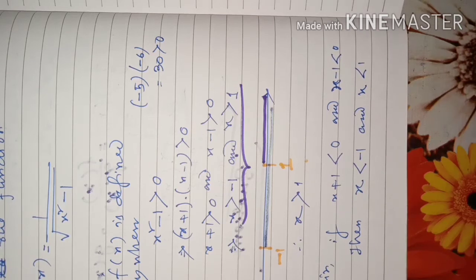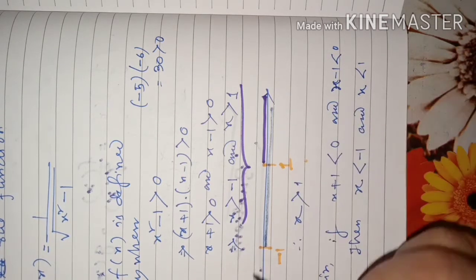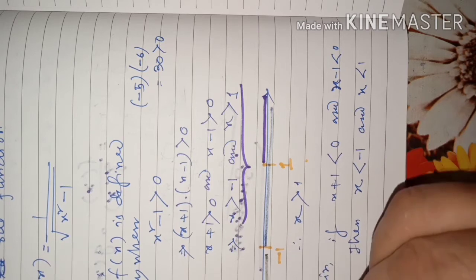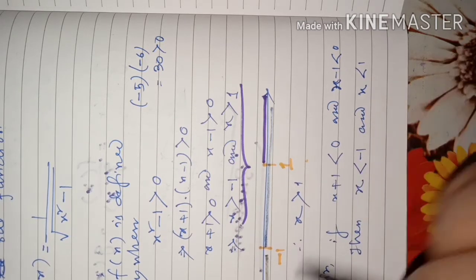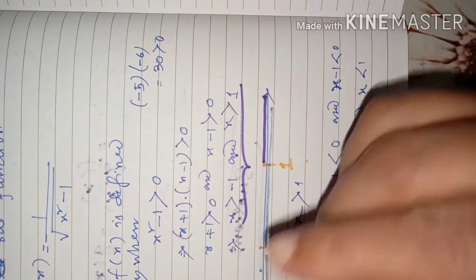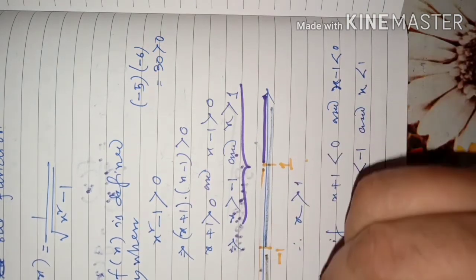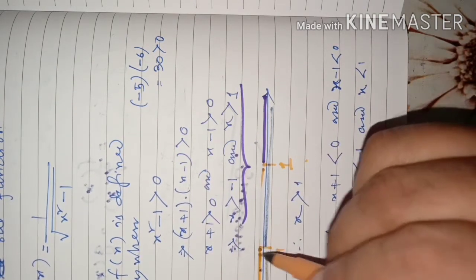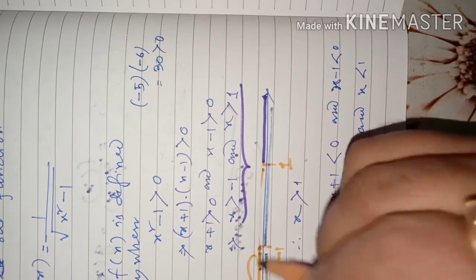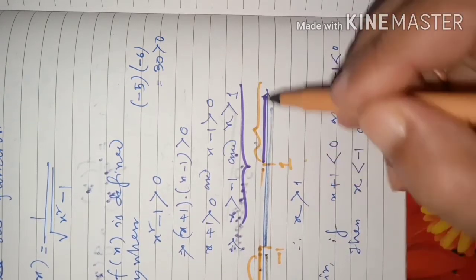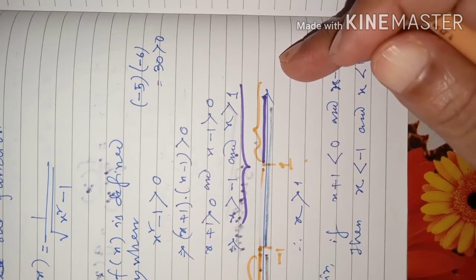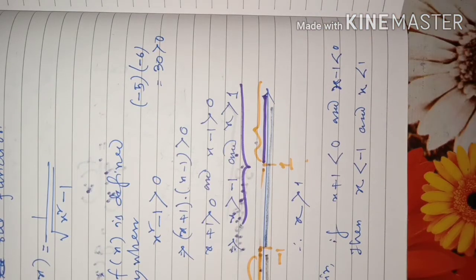Meaning x less than minus 1 means this side, this portion, and x less than plus 1 means again this side only. So what is the common portion? The common portion will be this portion, which is x less than minus 1.